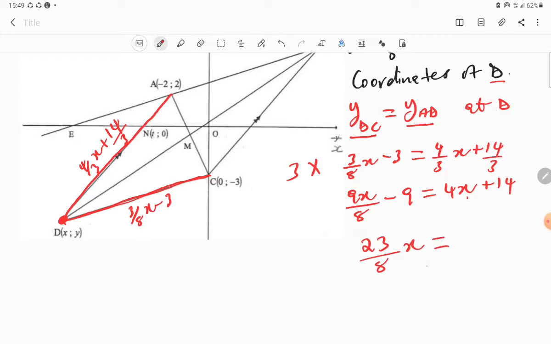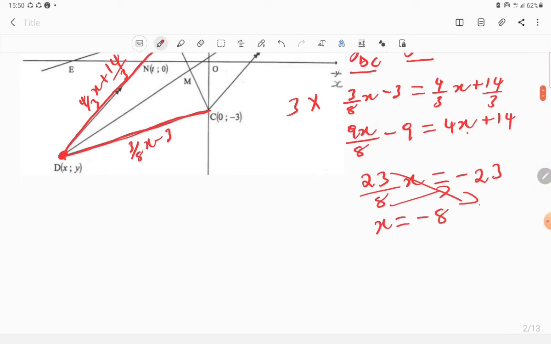Then this must also be equal to, when you take this one to the other side, you will of course get a negative 23. Yes, then therefore what are we having? We have this kind of thing. So on that note, we are going to solve for x. x is going to be negative 8. If you take this one over there, then you take this one over there, you are really going to get x being equal to negative 8.